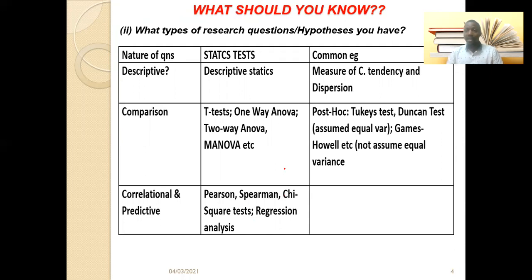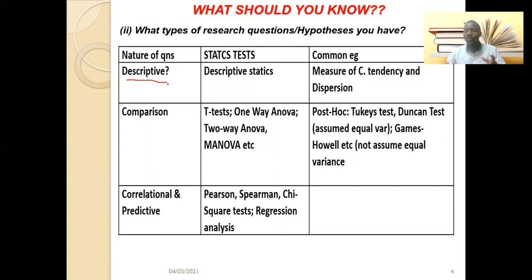Suppose your research question is trying to describe, to come out with some hidden information within your data. You want to see what the mean, the median, the range, the maximum value, and the minimum value are. Such kind of information, what is the percentage?